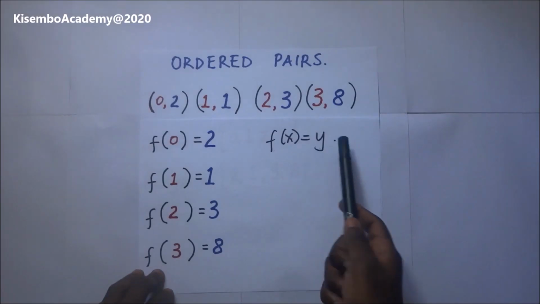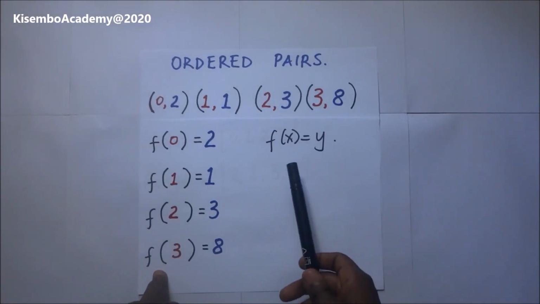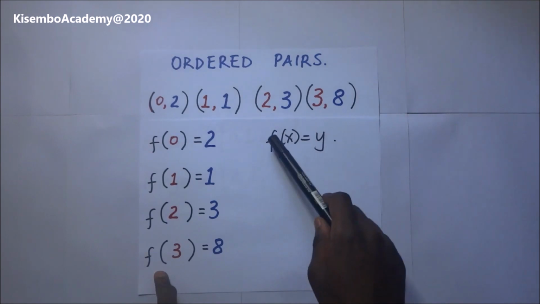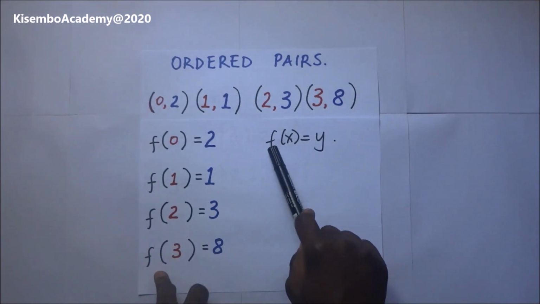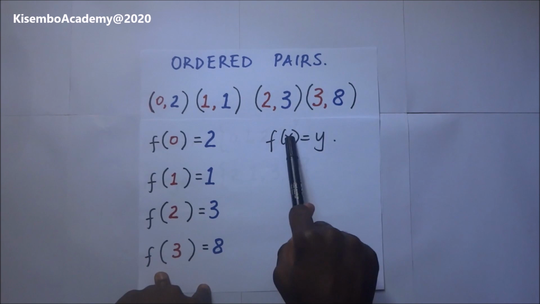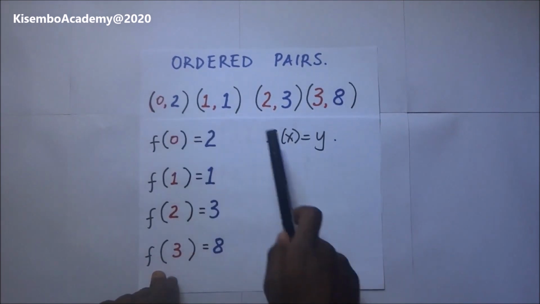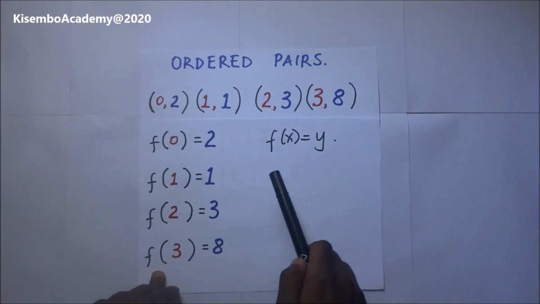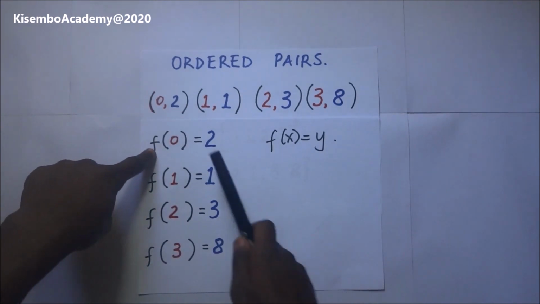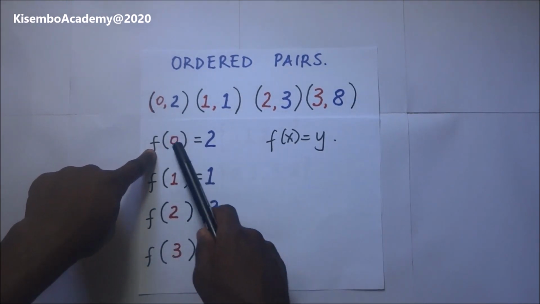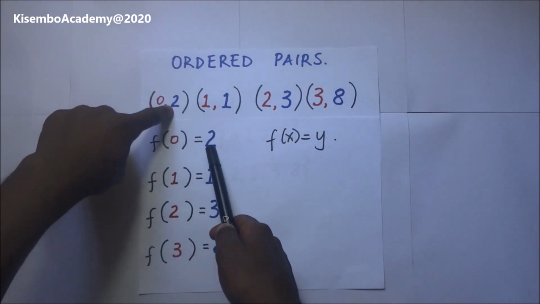f of x is equal to y is the function notation, and this simply means that the function f where x is the input is giving us y. Now if you're to represent these ordered pairs in terms of this function notation, you find that the function f where 0, which is the value of x, is the input, is giving us 2 as the output.